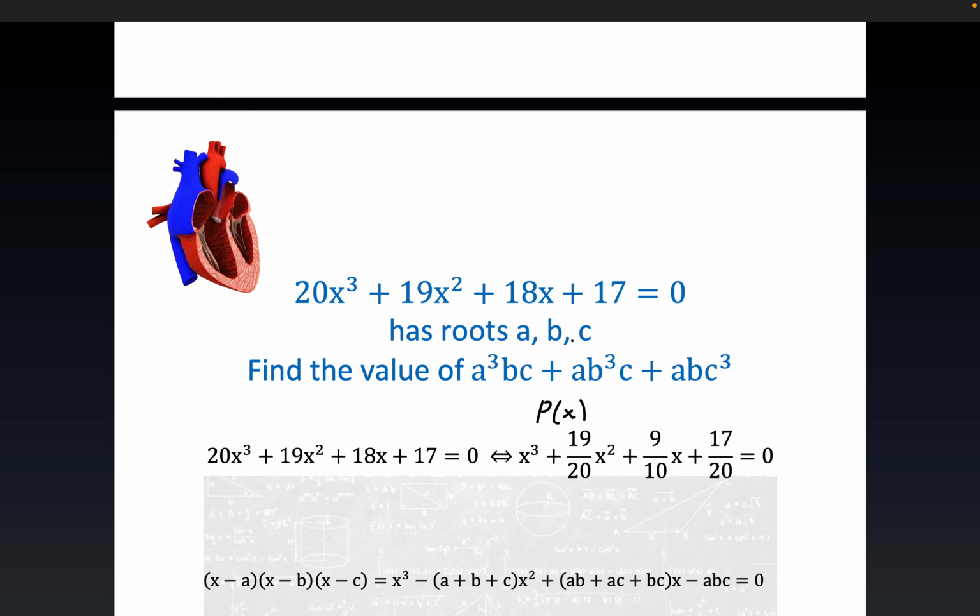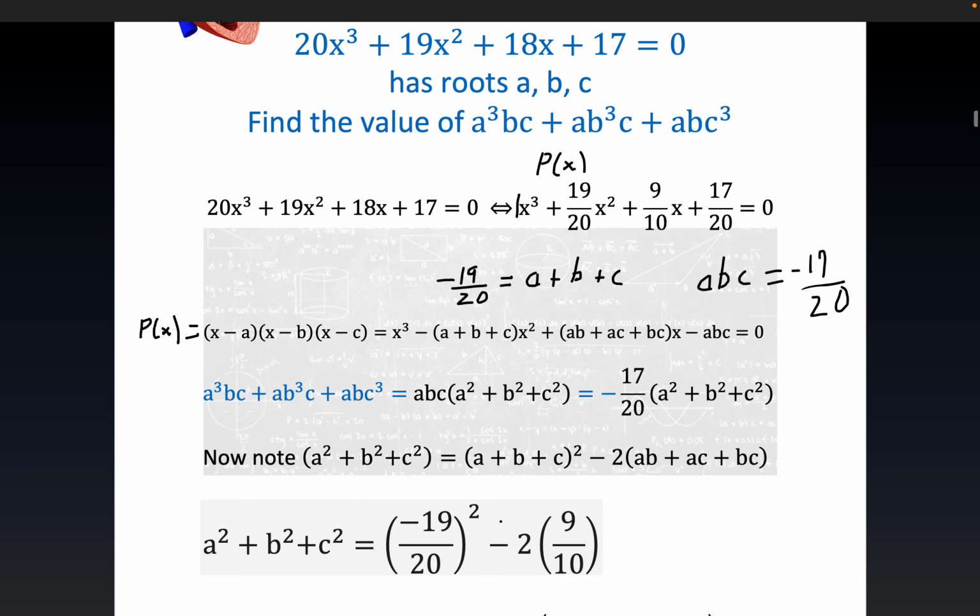All right. Well, again, this multiplication down here is not too hard to see. When you expand this out, you get double all these things here. Okay, the pairwise product of the roots, right? And so we can see quickly that a squared plus b squared plus c squared is equal to minus 19.